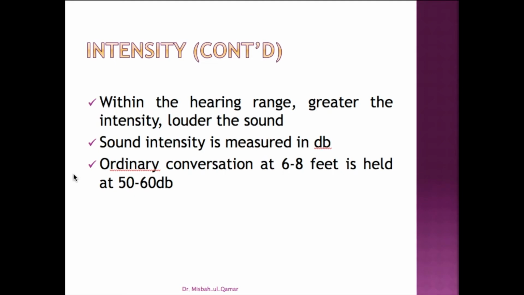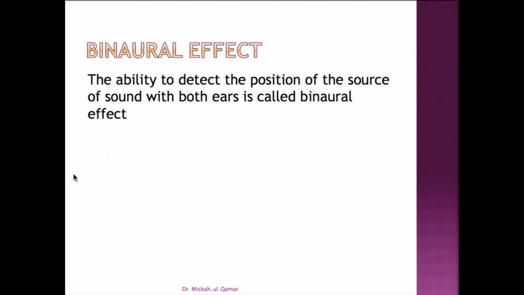All right, so when I'm telling you this intensity thing, there is another effect which I would like to mention, that is called the binaural effect. Now, what is this binaural effect? The ability to detect the position of the source of sound with both ears is called binaural effect.